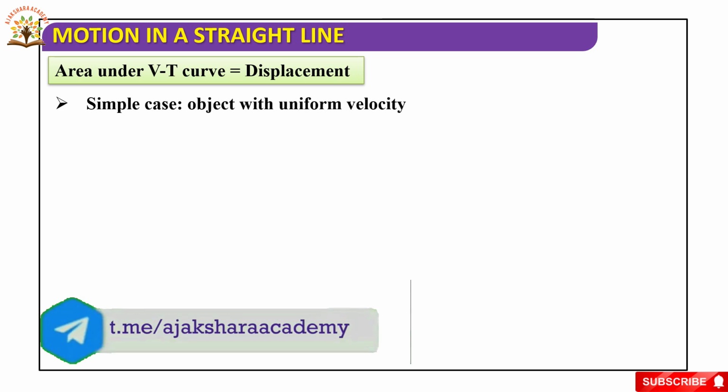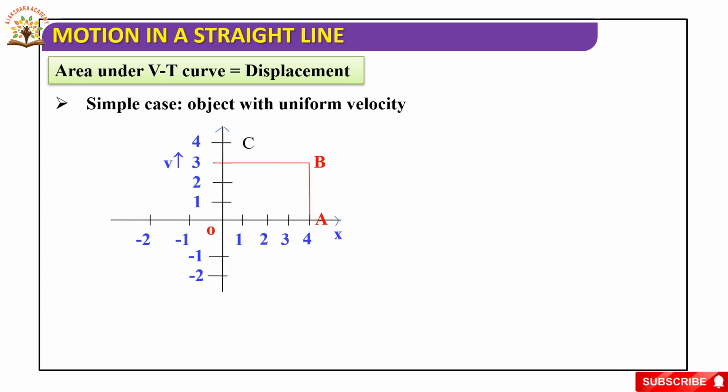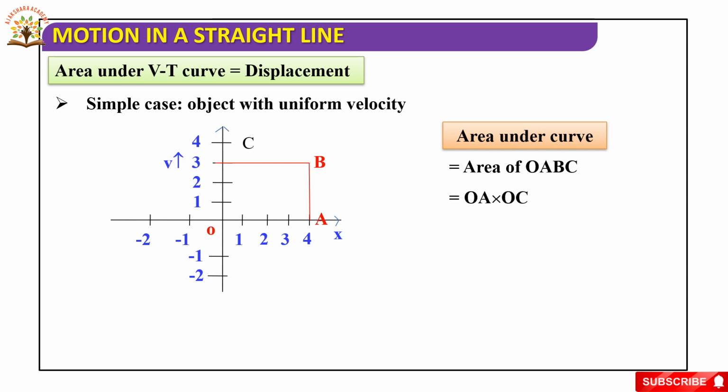Area under the v-t curve denotes the displacement. A simple one: an object with uniform velocity. In this situation, we are finding the area under this curve. The area of OABC is OA into OC. So time into velocity gives displacement.